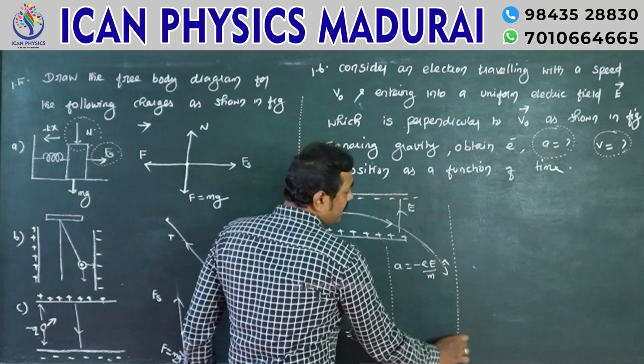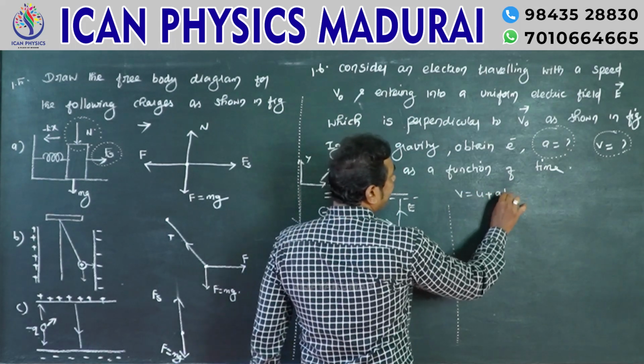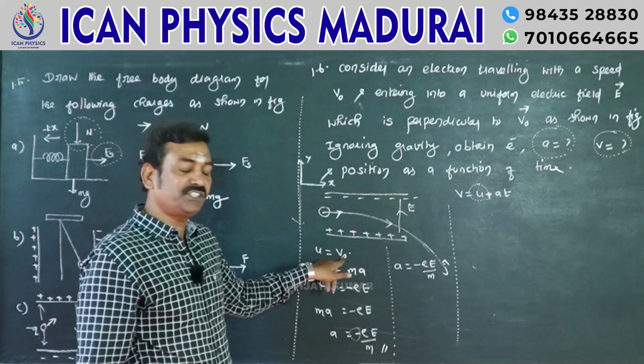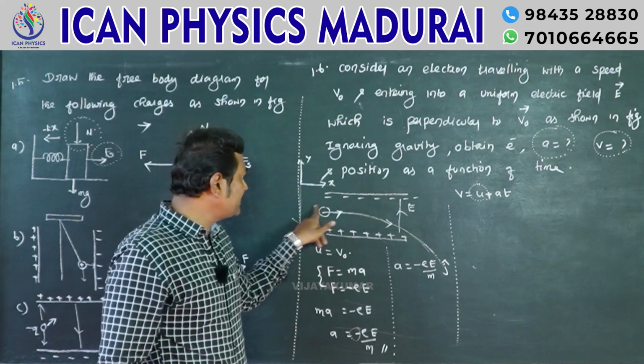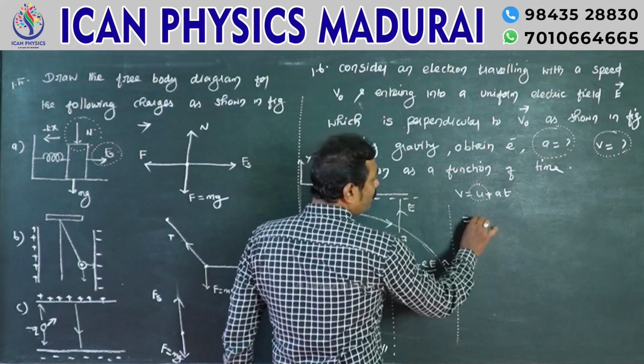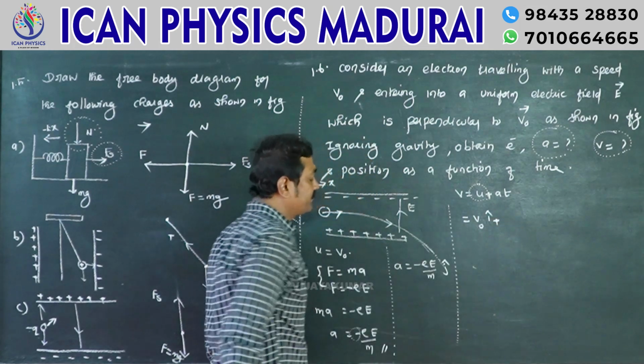Second, calculate the velocity. How can we calculate velocity? v equal to u plus at. U is the initial velocity, which is along the x-axis, so instead of u we write v0 i cap, plus a.